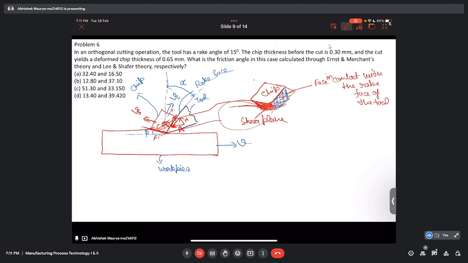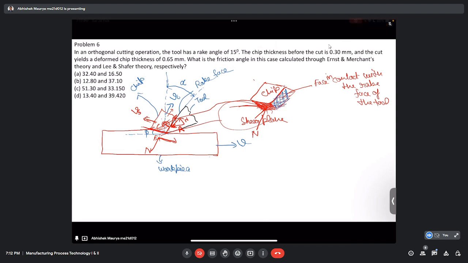The first one is the friction force, shear friction along this, and at the same time there is a normal force also being applied on the chip from the workpiece. So that is denoted here. So the chip on this face is facing two forces.